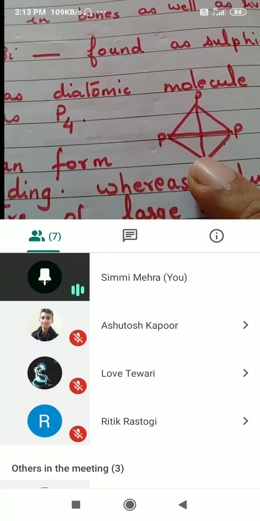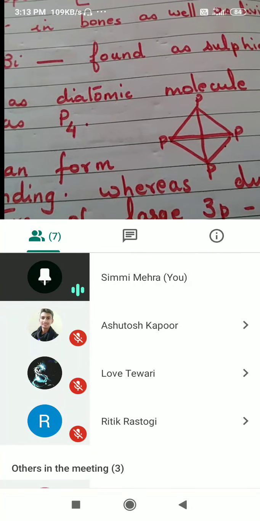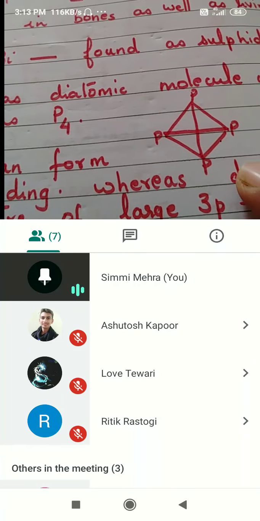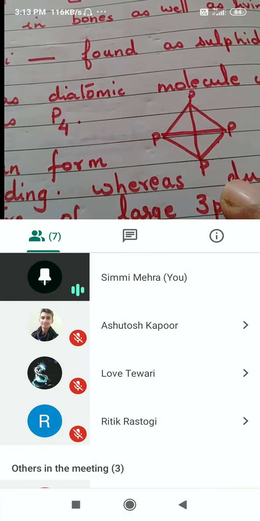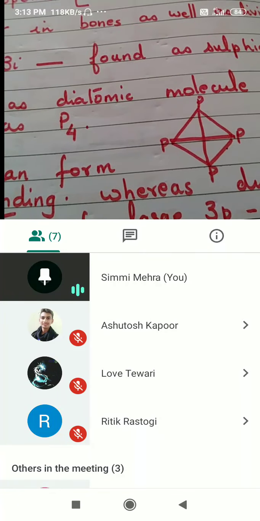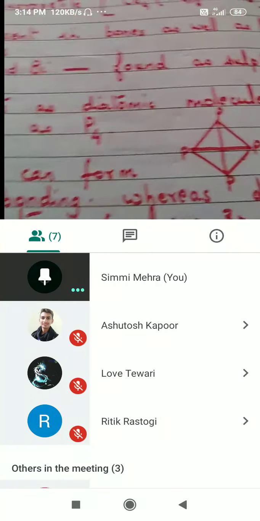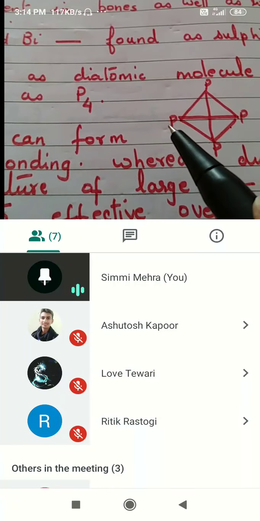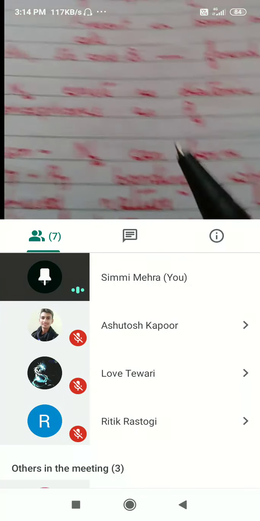See, P means p orbital, pi means pi bond. So when the pi bond is formed by sideways overlapping of two p orbitals, we call it p pi p pi bonding. It is another term for a pi bond. So phosphorus will not form any pi bonds.